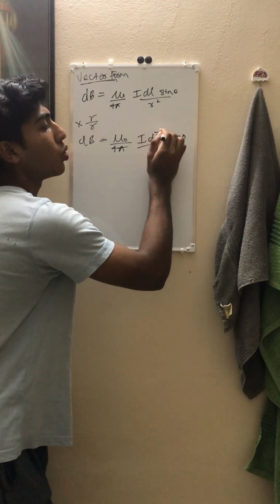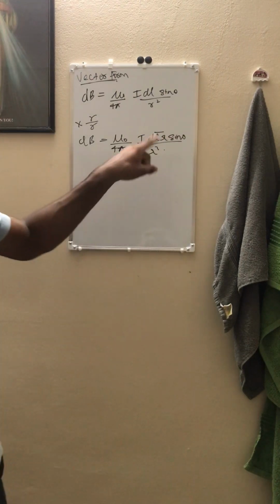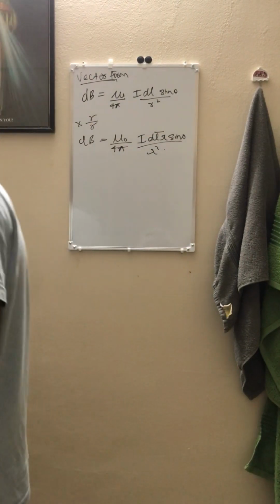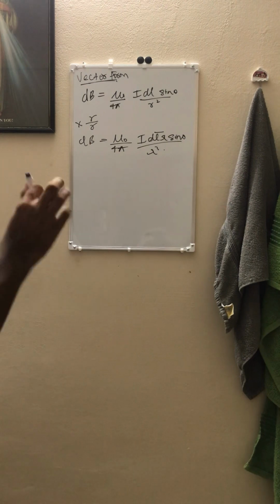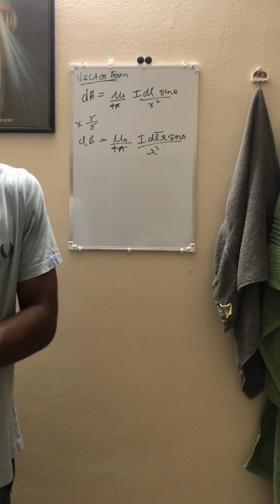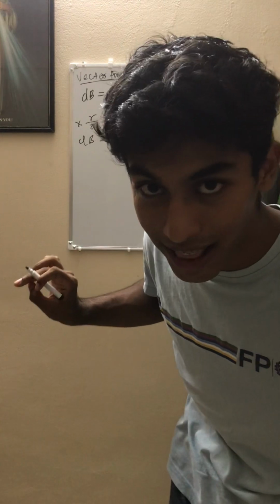Now I'm going to make these two a cross product, dl r sine theta, and always remember cross product is anti-commutative. That means if I write r cross dl, the examiner can just cut my paper like that. So always remember cross product is anti-commutative.